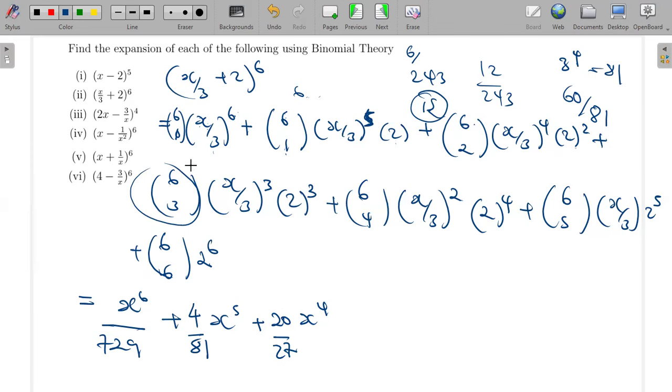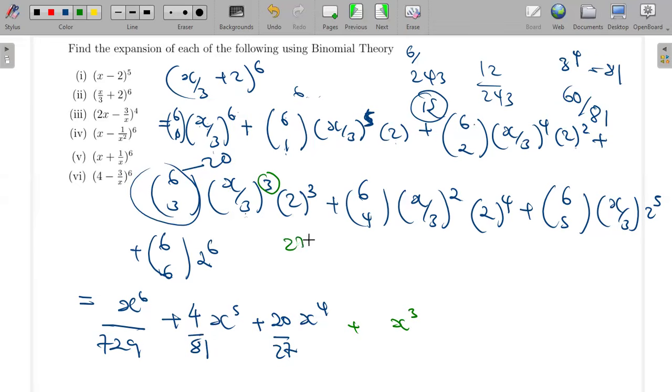Okay, then the next you have this here, which is 6 choose 3, which is just going to be 20. So this here is 20. Okay, let me use a different color. That's 20. And then you have 3 to the power of what? That there. So I'll write that as 3 cubed. So 3 to the power 3, that's going to give me 27. So I get 27 down there.